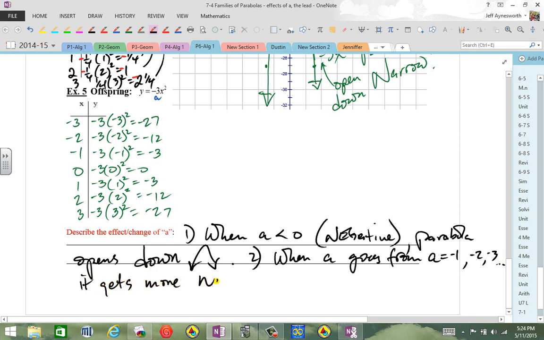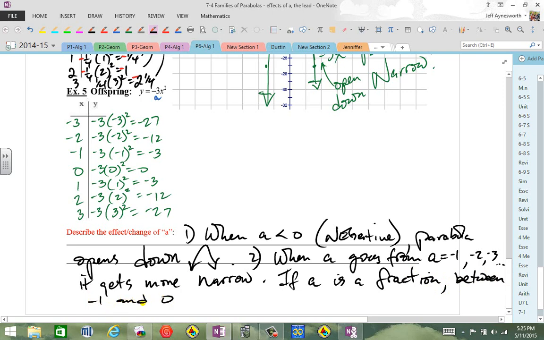If a is a fraction between negative 1 and 0, like negative 1/2, negative 1/4, and so on, it gets wider. That's all there is to it.